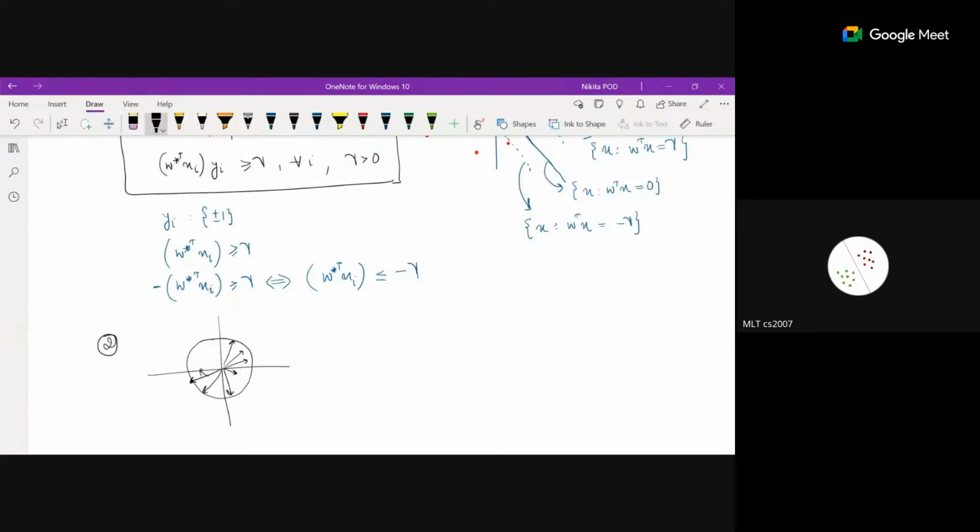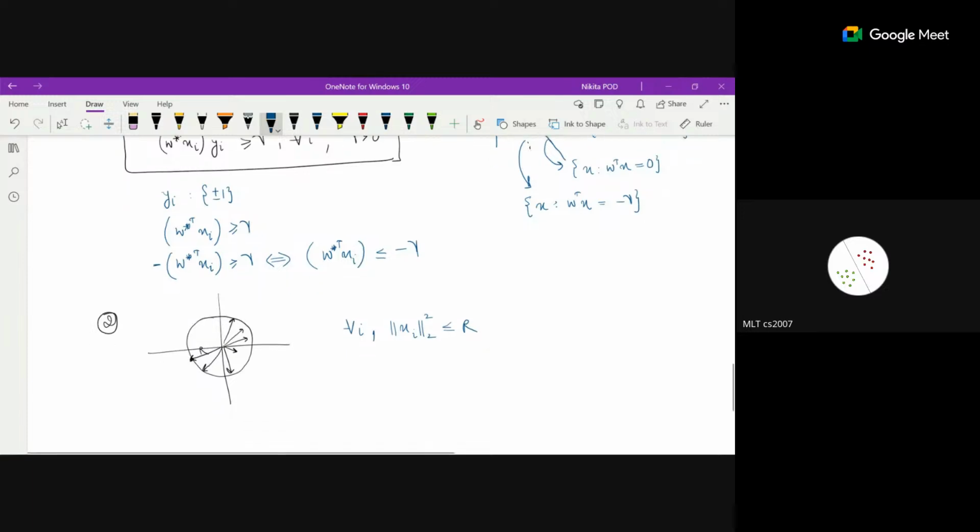So we are saying that for every i, the norm of xi should be less than or equal to r. This is the second assumption.